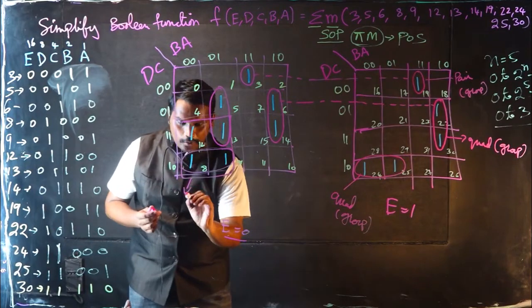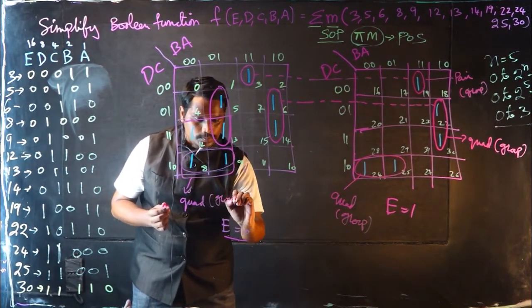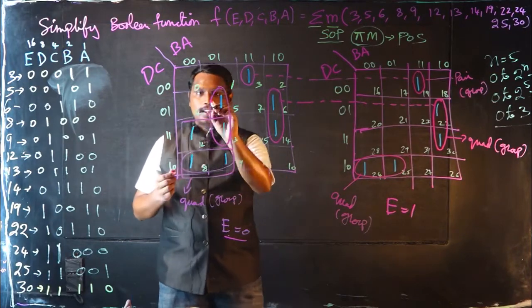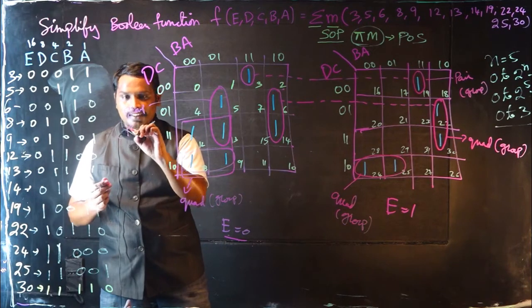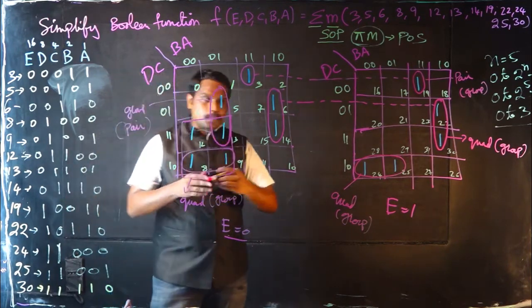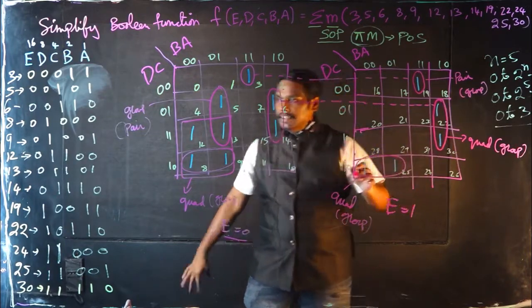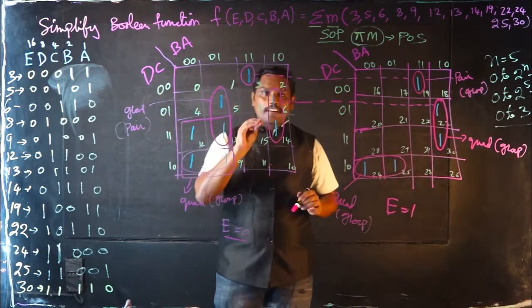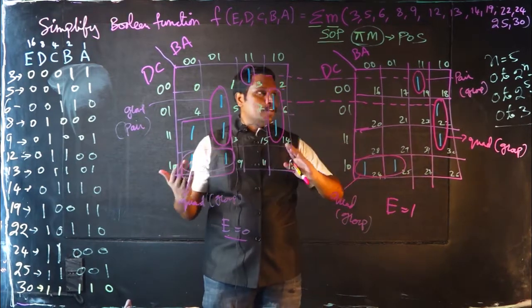So here I have 2 more groups, a quad, and this particular one is also a group with 2 ones, called a pair. How many groups have we generated from this 5 variable Karnaugh map? Here 3 and here 2. So 5 groups, which may be quads or pairs.